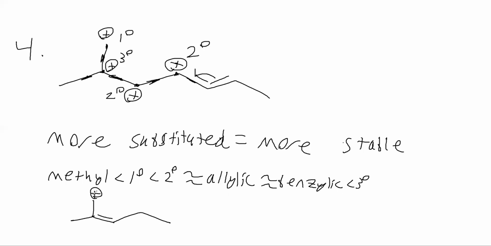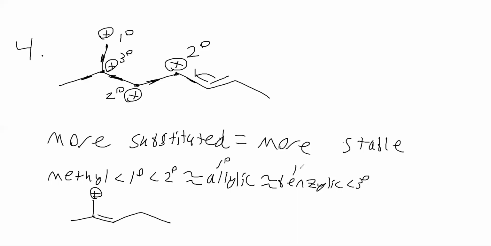So a primary allylic cation has roughly the same stability as a secondary cation, but it's more stable than a primary cation that's not allylic. I'm pretty sure that's what he was trying to say, but he might not have emphasized that, because I do remember seeing he drew a primary cation and then he looked at this, and that's why it's shown this way.